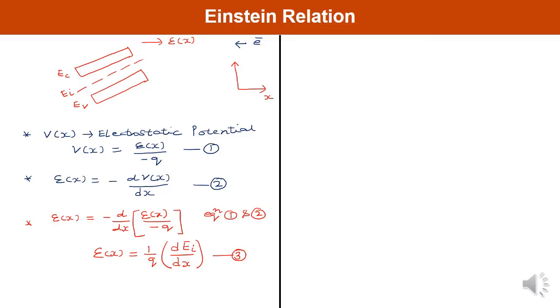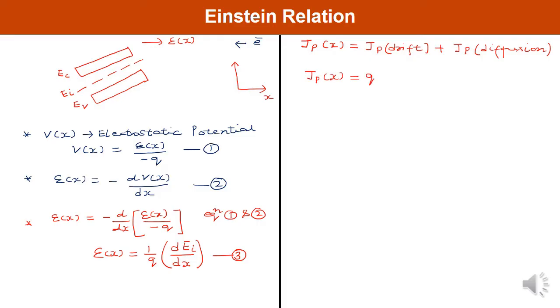At the same time, we know that the current density can be written as what? Jp of x is equal to Jp drift plus Jp diffusion. Similarly, you can write down in terms of Jn, and you know that this equation is what?